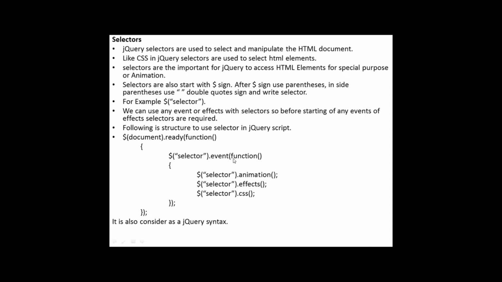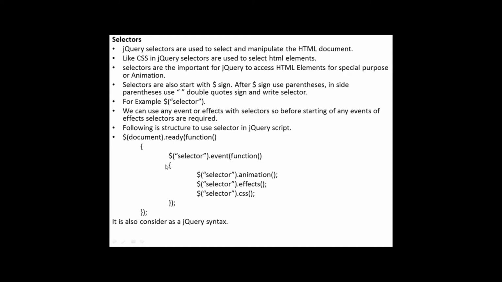Inside that parenthesis we use the function keyword, and this function manages the event. After that we close the function parentheses, then start curly brackets and end the curly bracket. After the ending curly bracket we end our event parenthesis, and at the end of that parenthesis we write a semicolon.